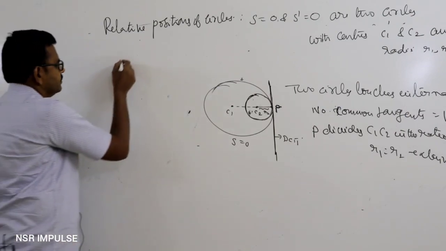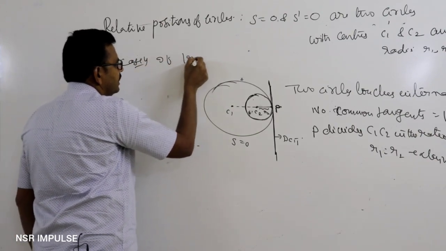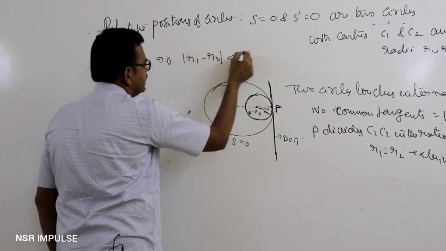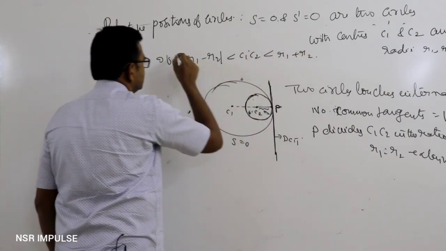Next, case 4. If mod of R1 minus R2 is less than C1C2, which is less than R1 plus R2.